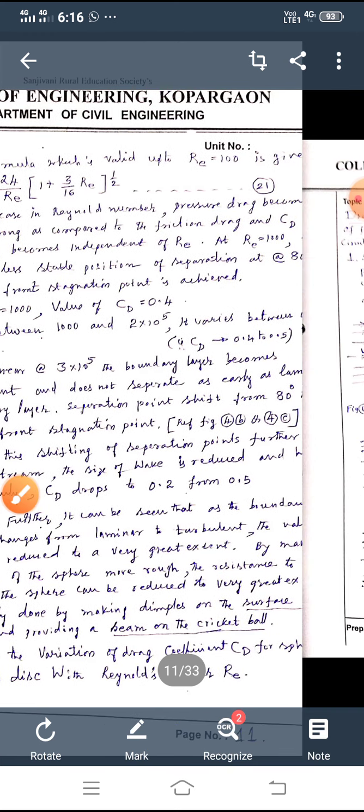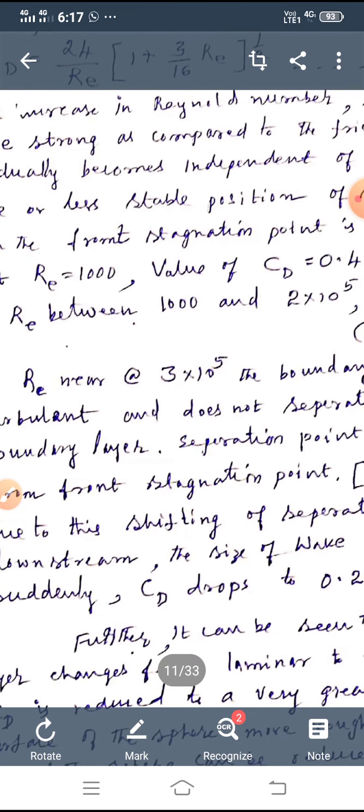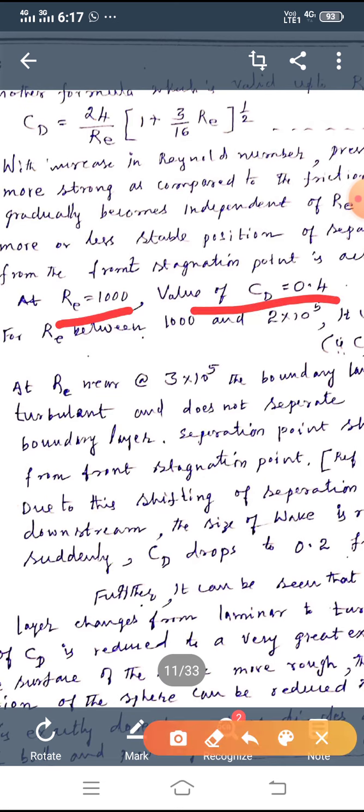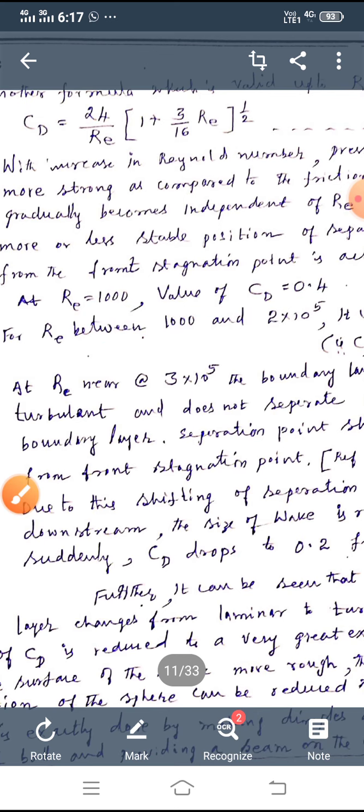Next, third, as the Reynolds number increases, pressure drag will become strong and become independent of Re. That's why when the value of Re is equal to 1000, the value of CD is equal to 0.4. The same value of CD varies from 0.4 to 0.5 for Re between 1000 and 2 into 10 to the power of 5.